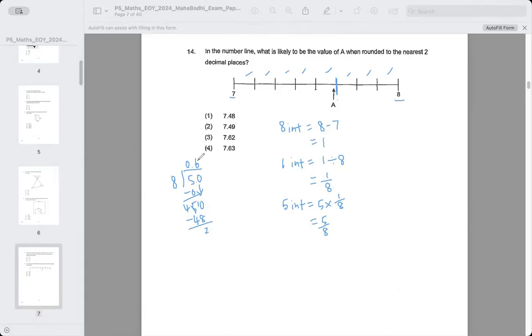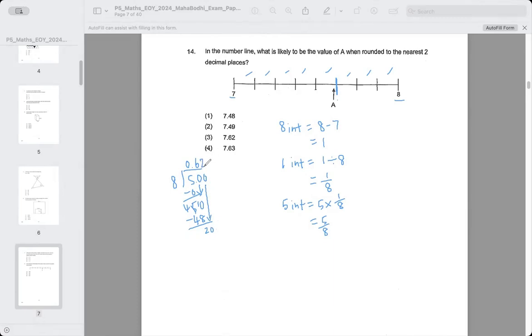So this one here is only one decimal place. If the question is asking you for nearest two decimal places, we have to go at least one more decimal place than what is required. So I will calculate up to 3 decimal places. So I have to continue bringing down more zeros. Now it's 20 divided by 8.